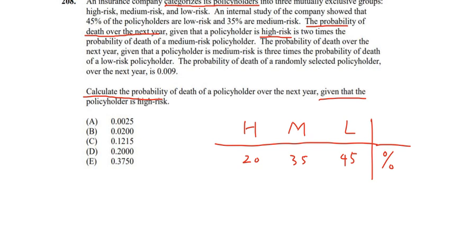So if this is p, then this is 2p. And the middle risk one is 3 times the probability of death of a low one. So if this is P, then the low one is 1 over 3 P.